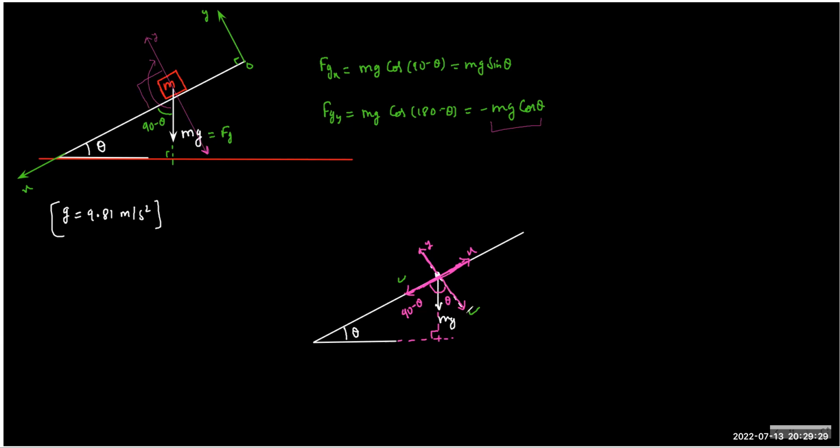So what is this component? This one. Tell me. What is the component of gravity in the direction perpendicular to the plane? Tell me, guys, what is this green one? The component of mg in this direction is how much?